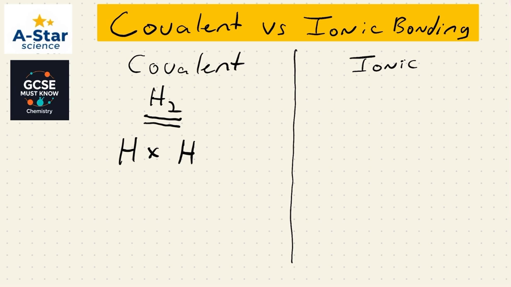Now, it wouldn't be clear if I did two crosses as electrons, you wouldn't really know what's what. So instead, I'm going to use a dot for the other electron.